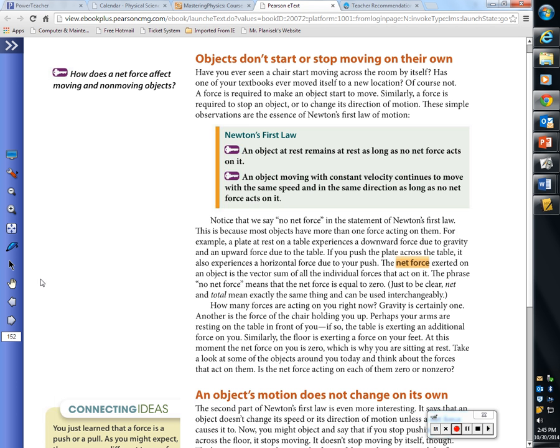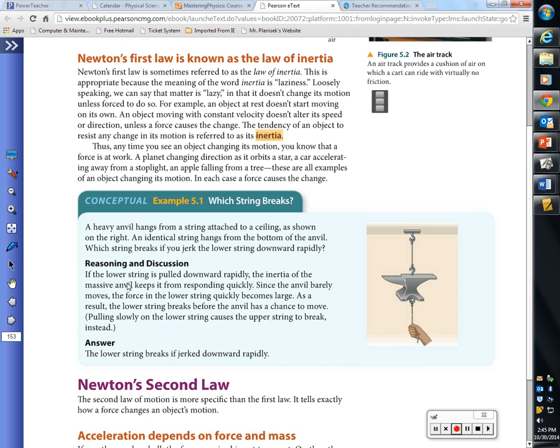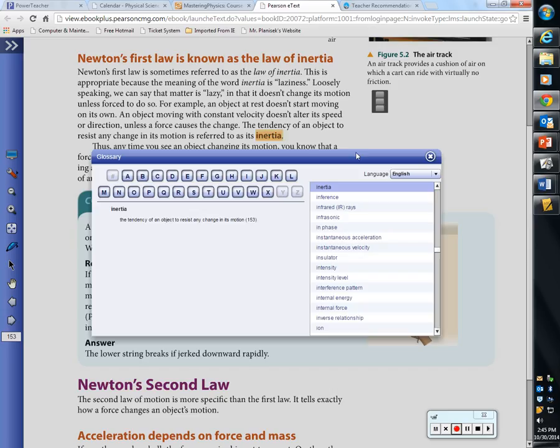This idea of things staying the same we refer to as inertia. Hopefully a term you've heard somewhere along the way before. So, by definition, our definition of inertia is the tendency of an object to resist any changes in motion.